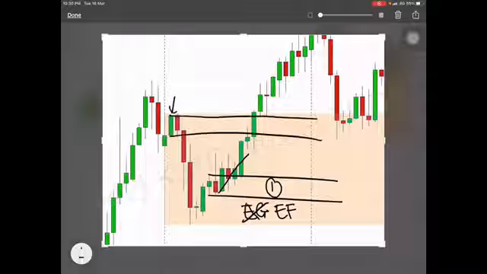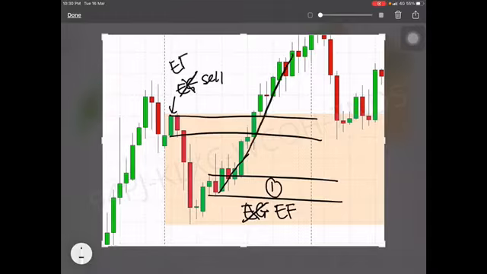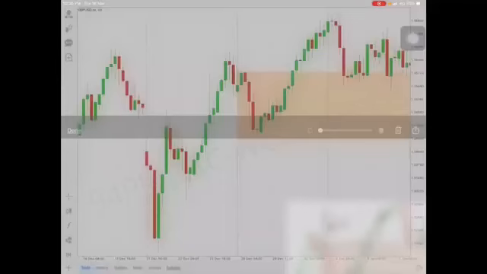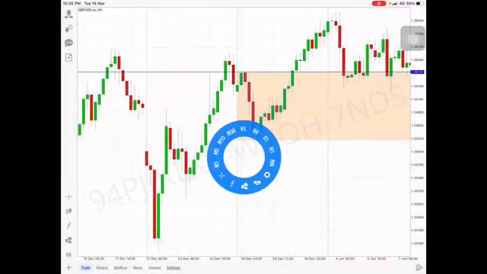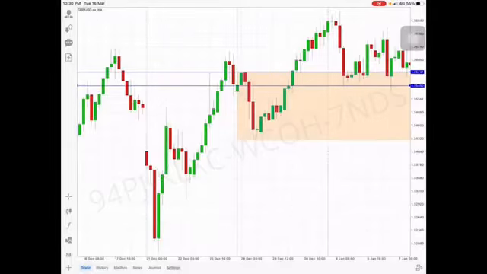You see this? So engulfing sell, but the price broke upward, so it has become EF. So now the zone is for buy. So we are going to mark those two zones. Okay, I'm gonna mark that zone, and this zone right here.